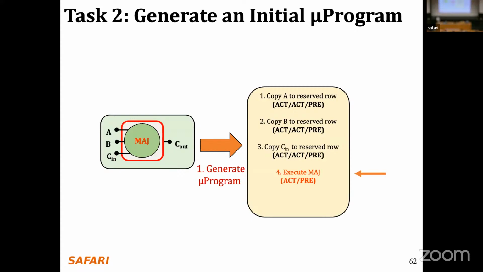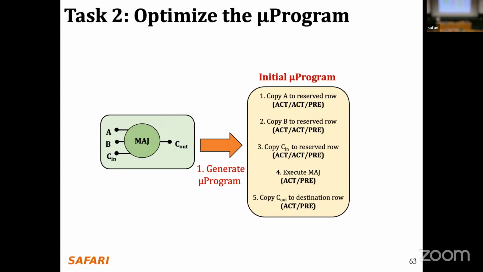And then I destruct the rows by issuing the majority operation over here. And in the end, I copy the output of the majority operation back to a reserve row to store the output itself. So this gives us an initial microprogram that works, but it still is inefficient.